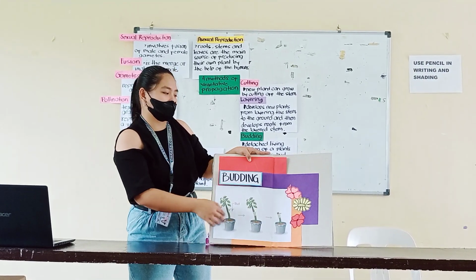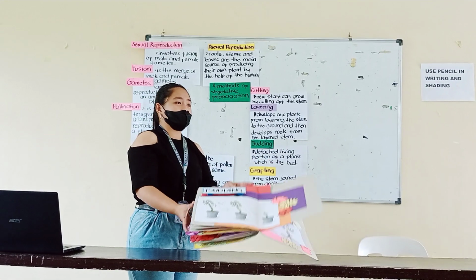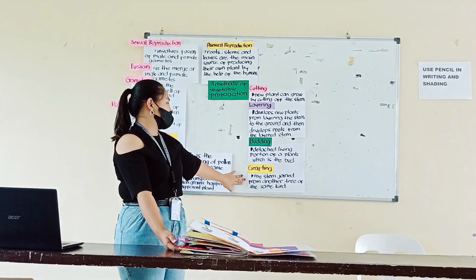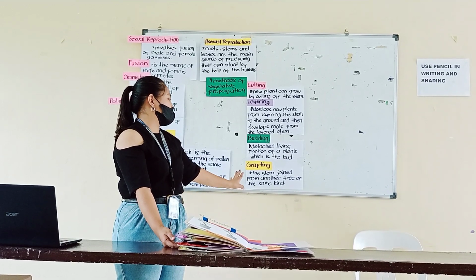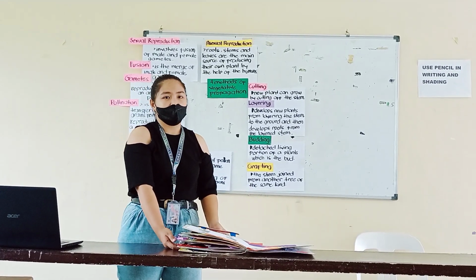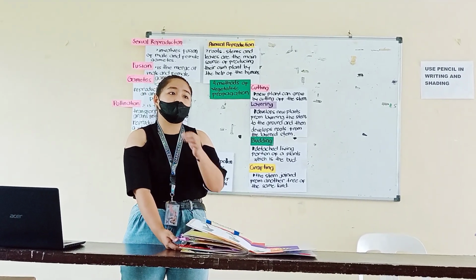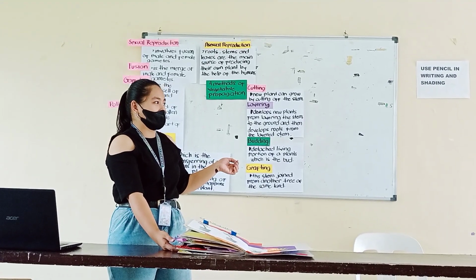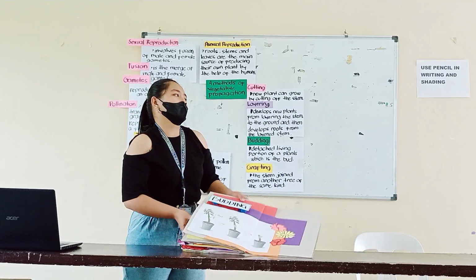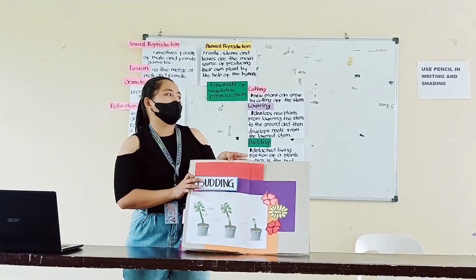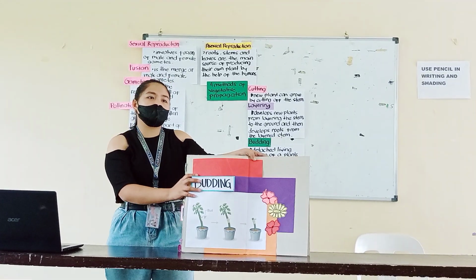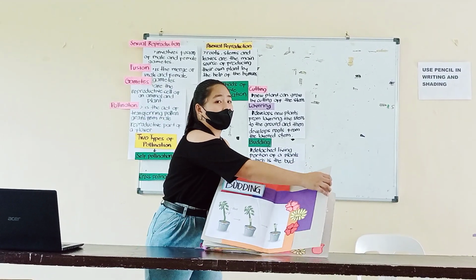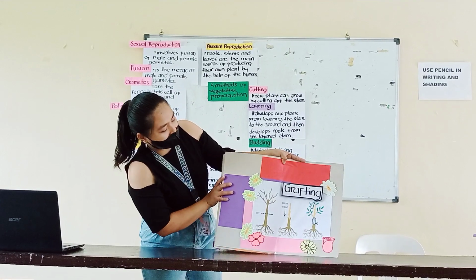The last one is grafting. When you say grafting, the stem is joined from another tree of the same kind. Grafting is usually used for fruit-bearing plants, like mangoes and others.